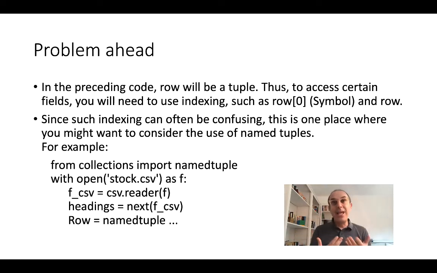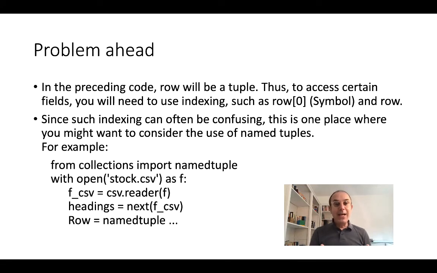However, as with anything else, we have problems that we need to recognize and address. To access certain fields, you might need to use indexing, such as row 0. Python needs to be adjusted to it, and your job is to recognize that indexing helps Python read the files better.